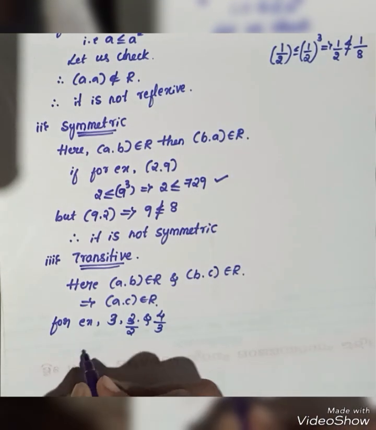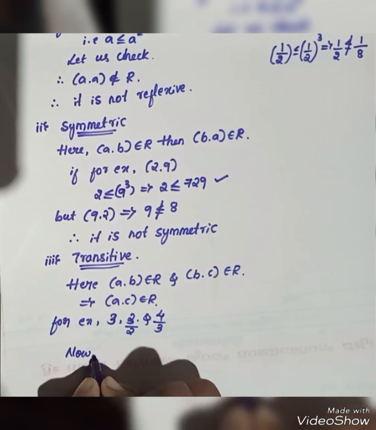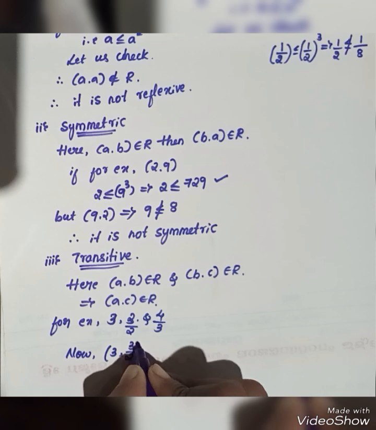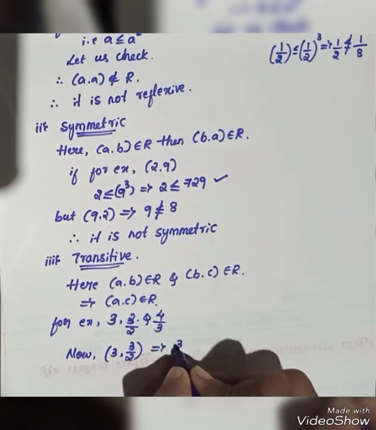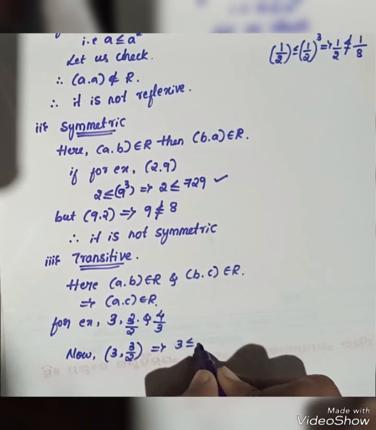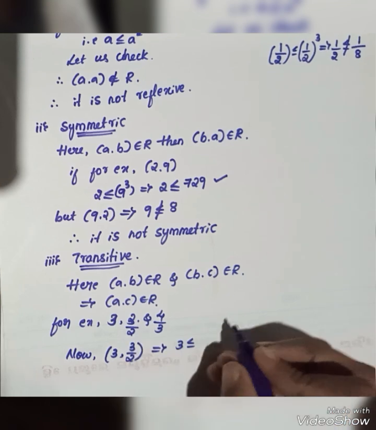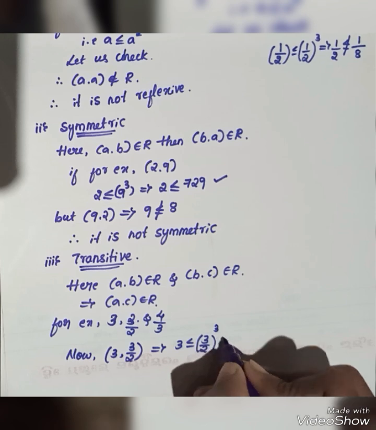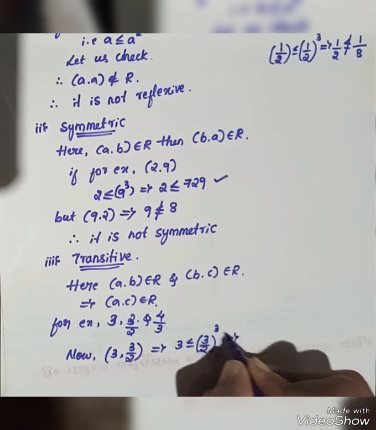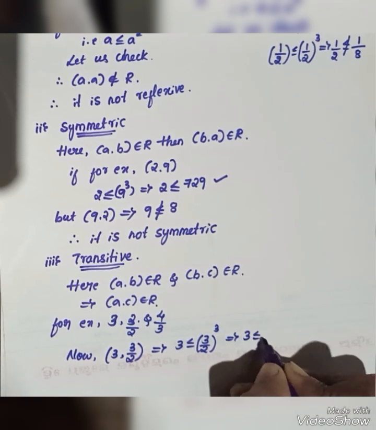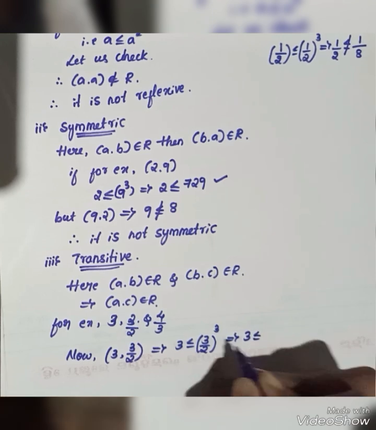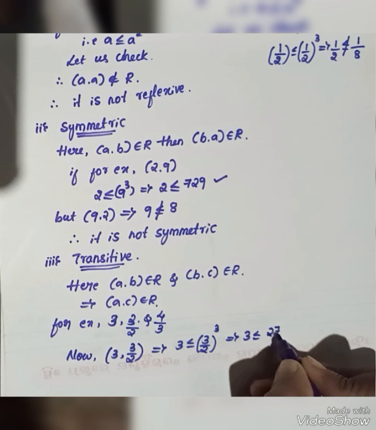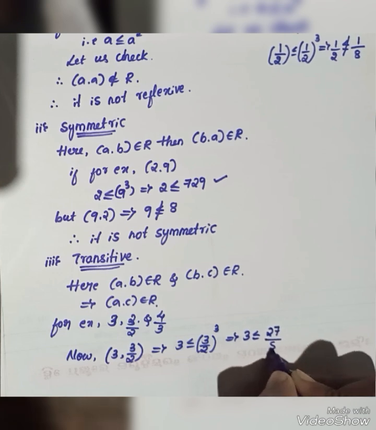Okay. Now for (3, 3 by 2), 3 is less than or equal to (3 by 2) cube. 3 cube is 27 and 2 cube means 8.